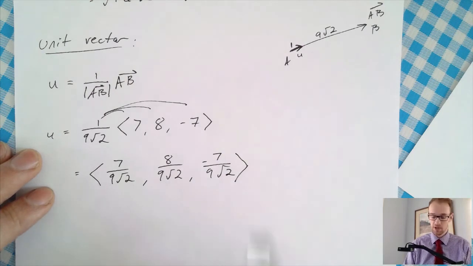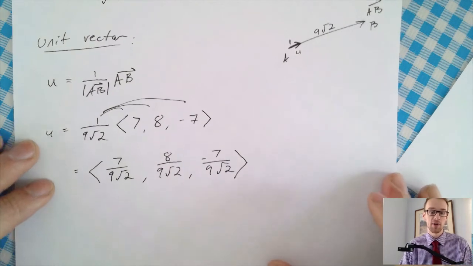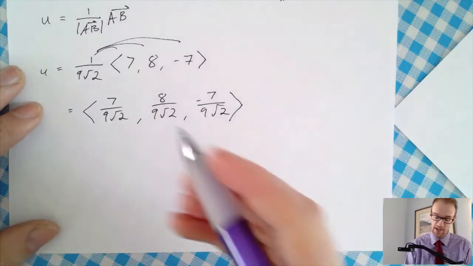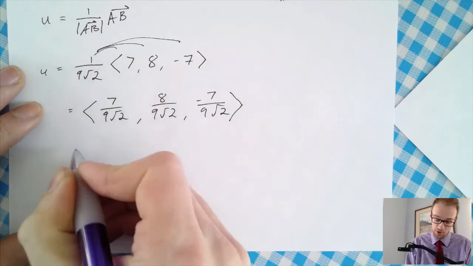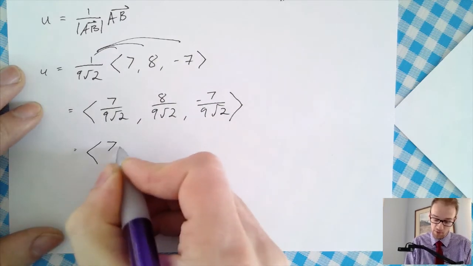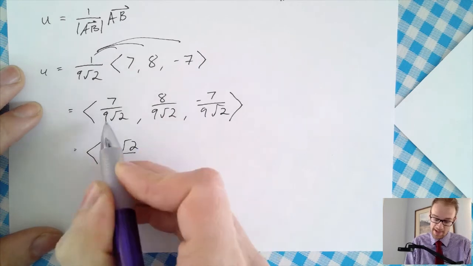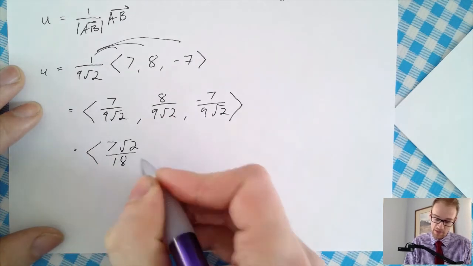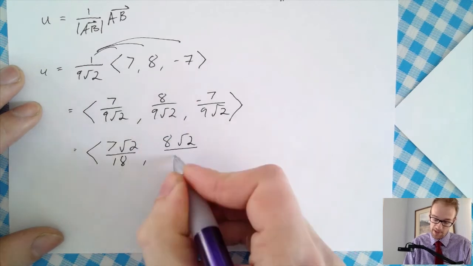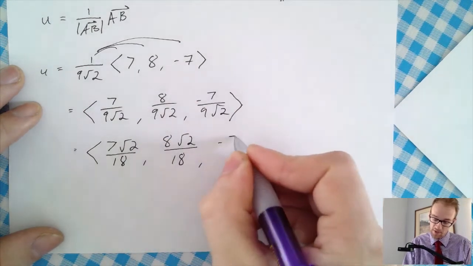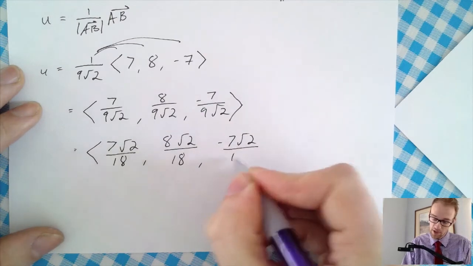Now, of course, we have radicals in the denominators of our components, so we need to rationalize that, and we do that, of course, by multiplying the numerator and denominator by root 2. So our x component, we're going to get 7 root 2 over 9 times 2, 18. 8 root 2 over 18 again, and negative 7 root 2 over 18.